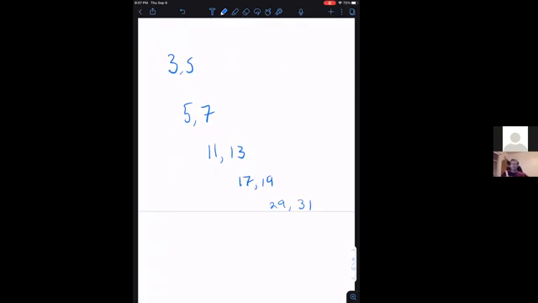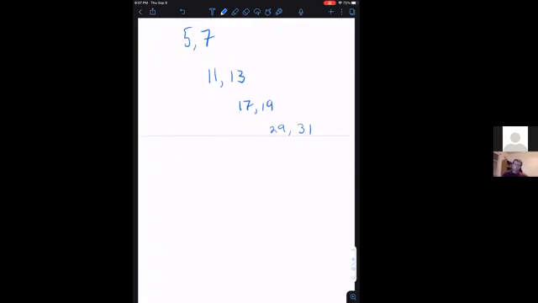This is what the twin prime conjecture asks. No one knows, and that's the reason it's a conjecture. The twin prime conjecture says, will this always happen?